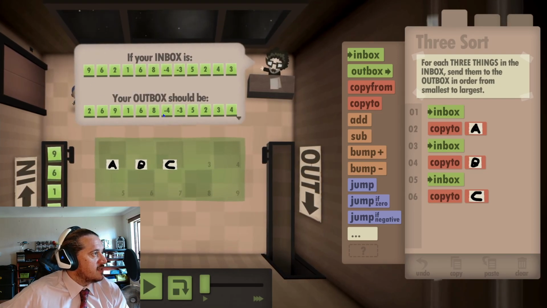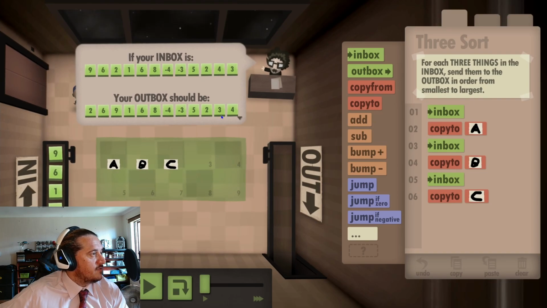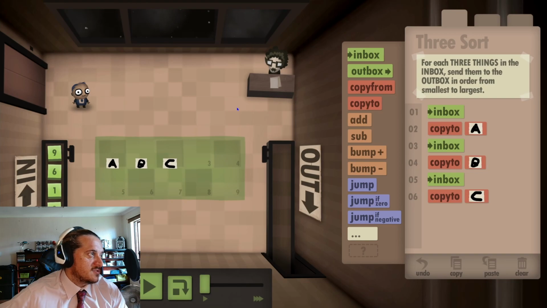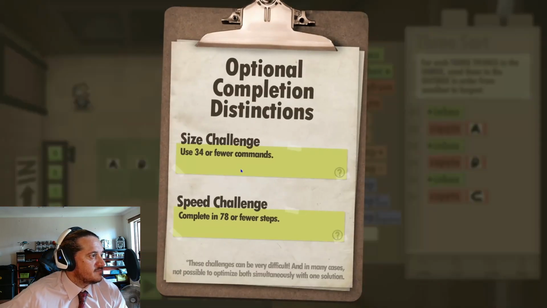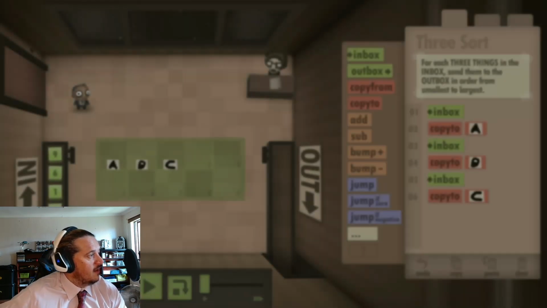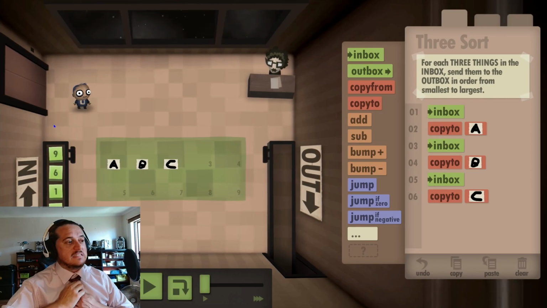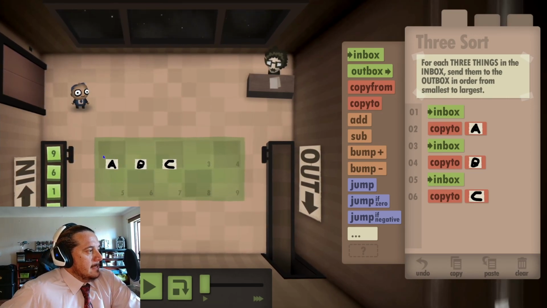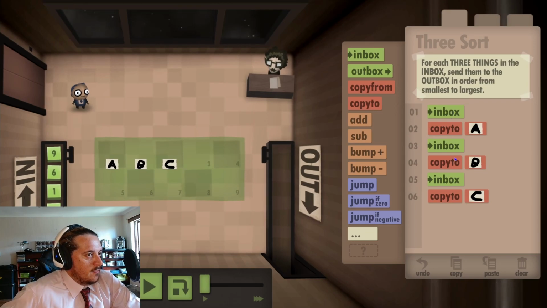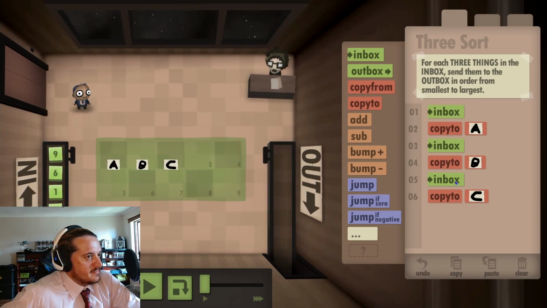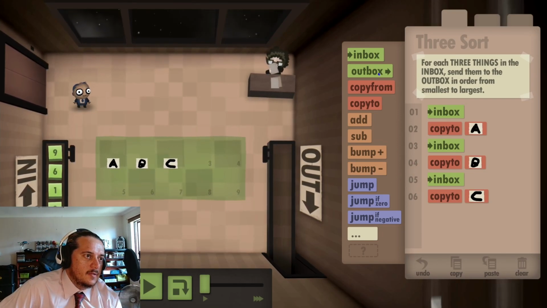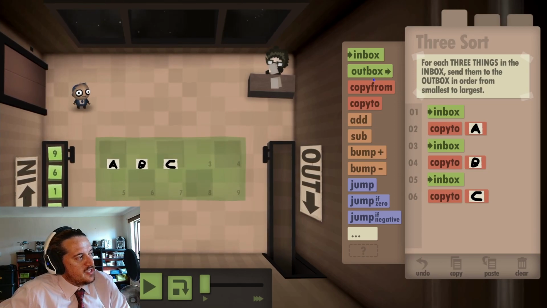269, 168, -4, -35, 234. You got to sort them, smallest to largest. Yeah, okay, got it. 34, 78. Right. Gonna have to do this one. Let's see. So take all of that out. We're gonna do checks, right?